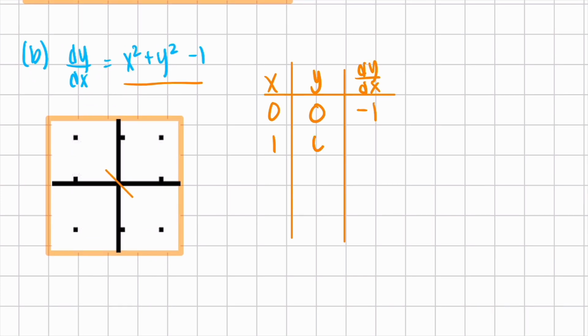I'm going to plug in 1, 0. That's going to be 1 plus 0 minus 1, which is 0. And that's going to be the same thing for negative 1, 0. Negative 1 squared is positive 1.